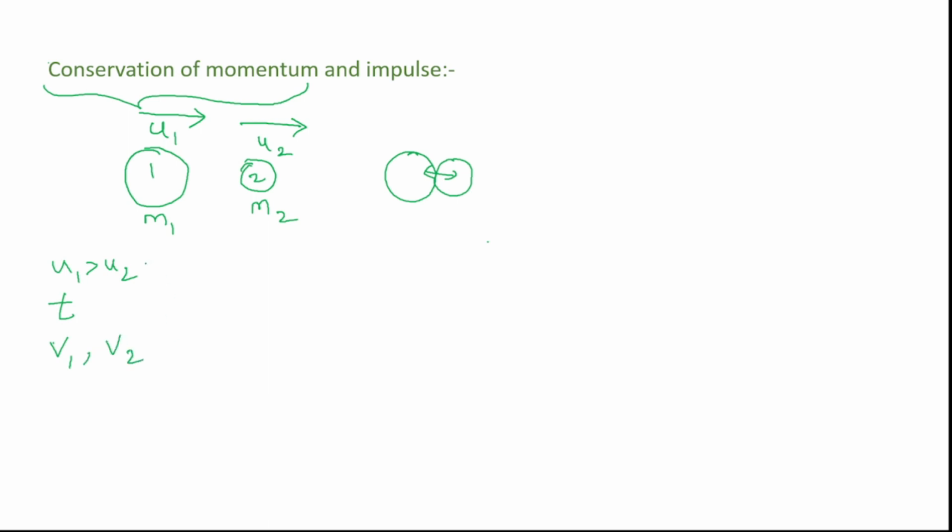So u1 and u2 are the before-collision velocities of the objects, and v1 and v2 are the after-collision velocities. What will be the momentum of the objects before and after collision? Let us find that.